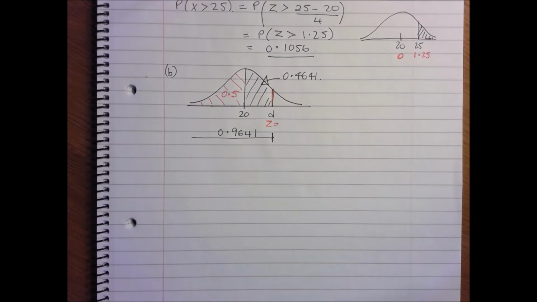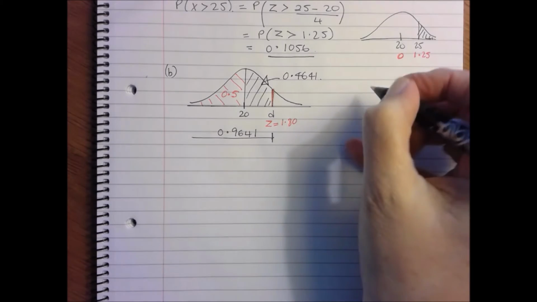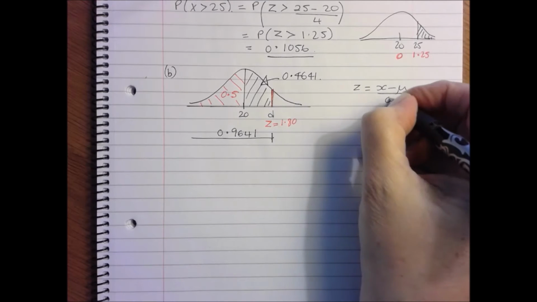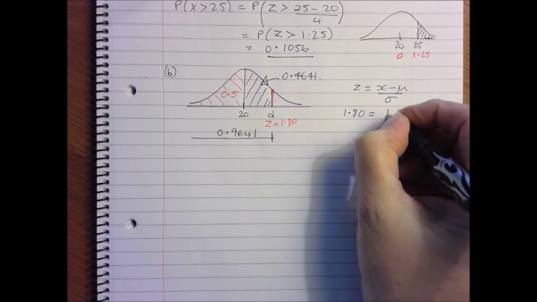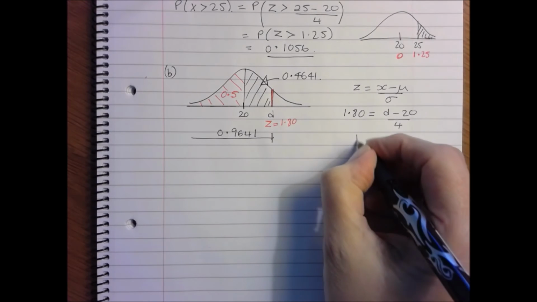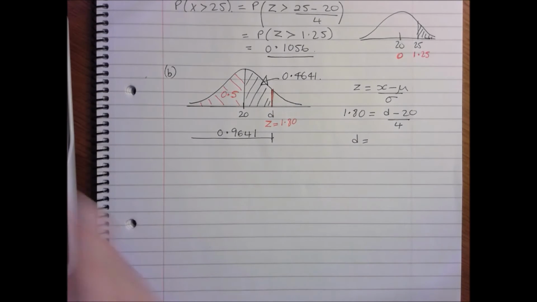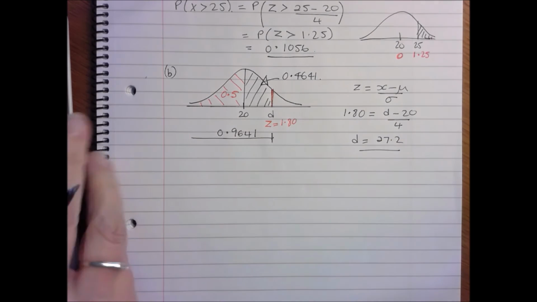So my z value here is 1.80. And then I use z equals x minus mu over sigma. So 1.80 is equal to d minus 20 divided by 4. So d is going to be 1.8 times 4 plus 20. And 1.8 times 4 plus 20 comes out to be 27.2.